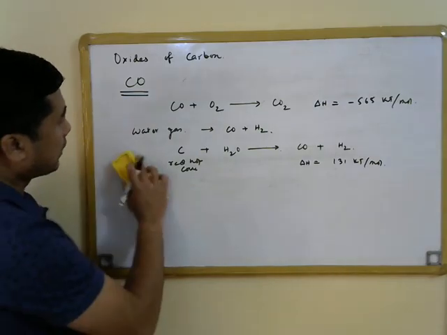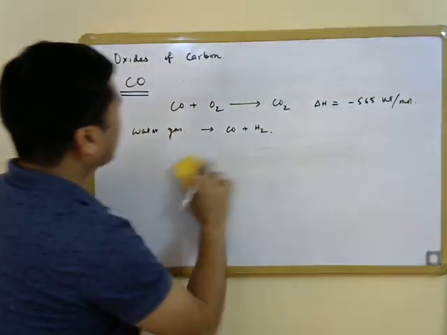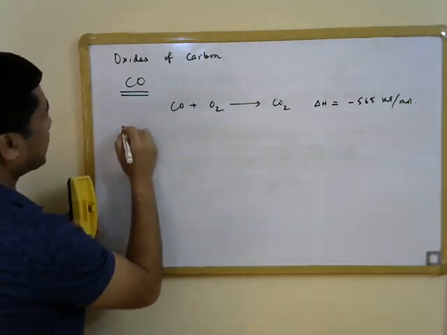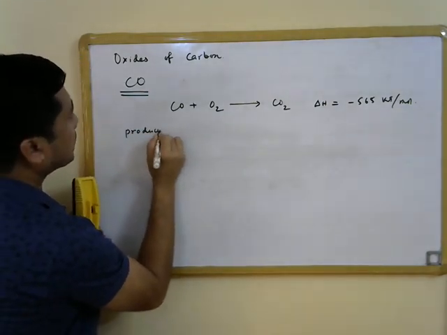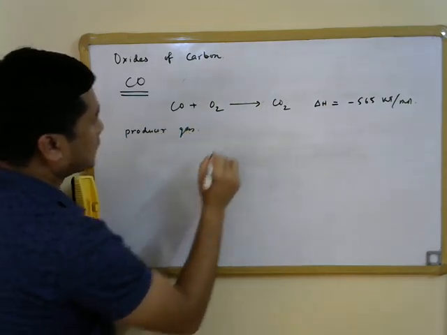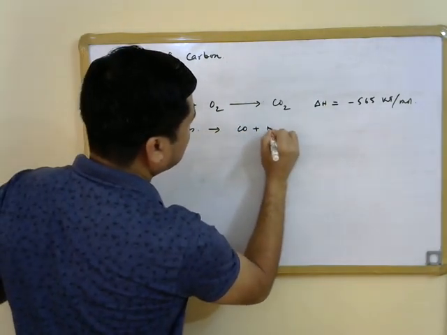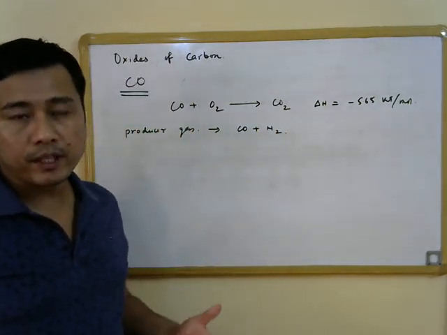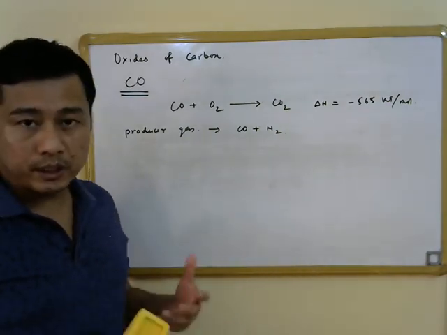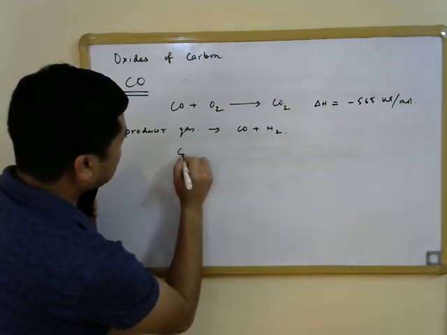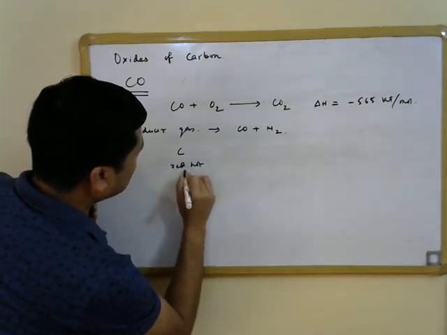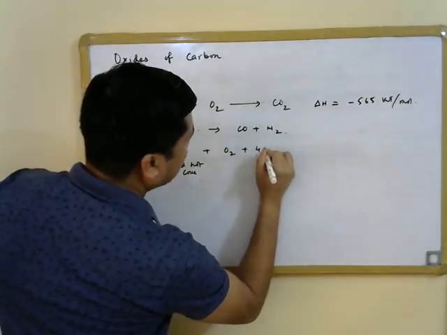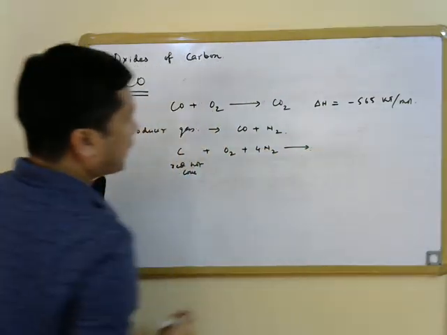Then there is another important industrial gas containing carbon monoxide as a component, that is called the producer gas, which is a mixture of carbon monoxide with nitrogen. Producer gas can be prepared by passing air through red hot coke. One can take red hot coke and pass air, which is oxygen and nitrogen in this ratio.